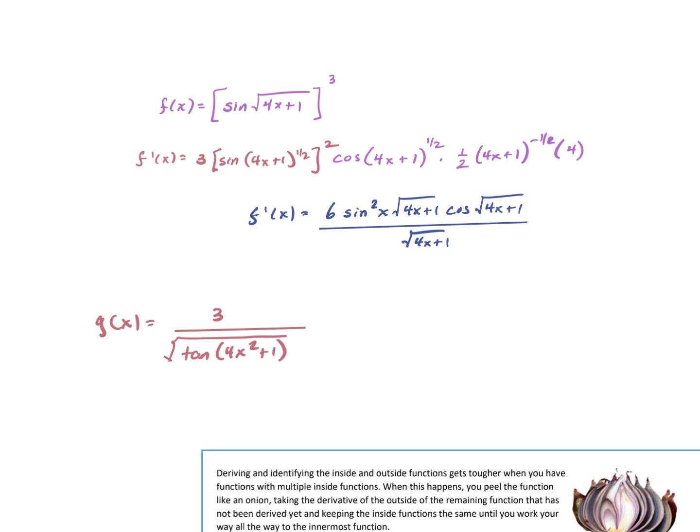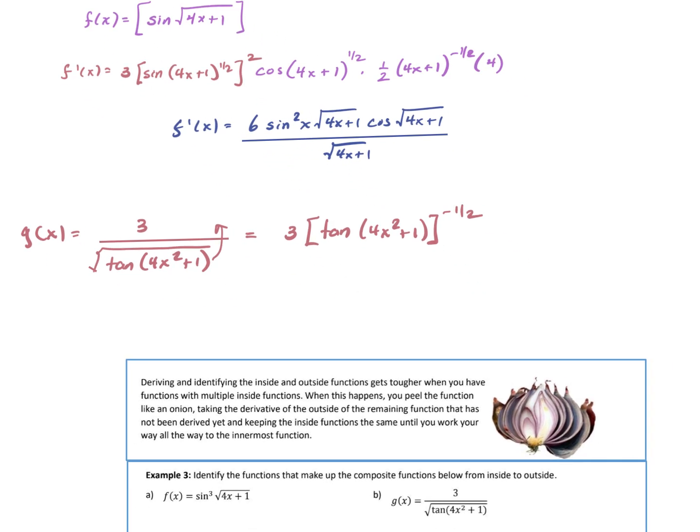All right, so I'm going to rewrite this as 3, and then all the tangent is to the negative 1/2 power, because it's all underneath the root. So it's going to be tangent 4x squared plus 1 to the negative 1/2 power. So all I did was bring this up to the top.